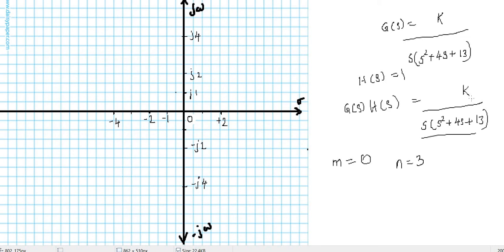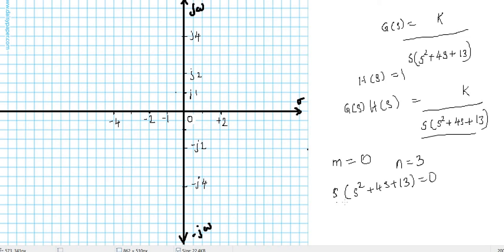Now what are the open loop poles of the given system? We have to find the location of open loop poles. In order to find the open loop poles, we have to take the denominator of the open loop transfer function, that is s into (s square plus 4s plus 13) equal to 0.